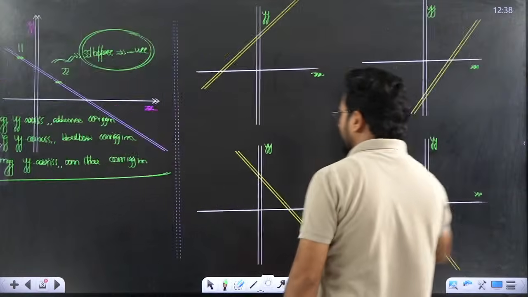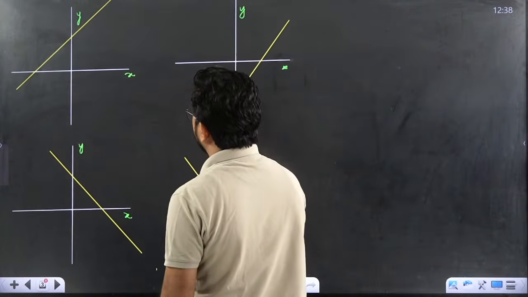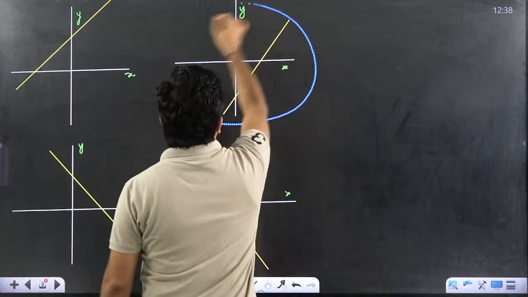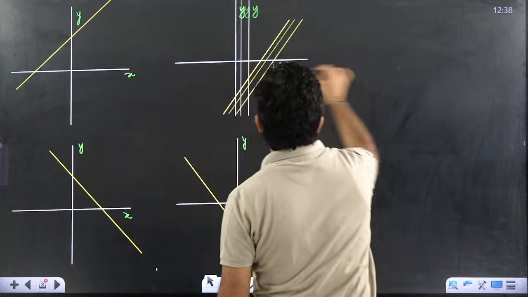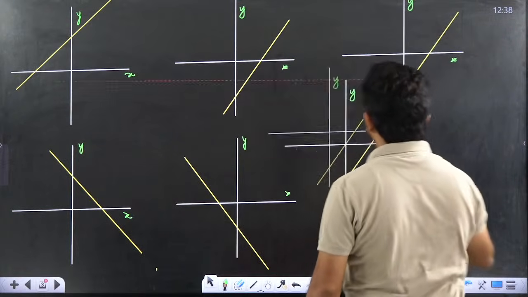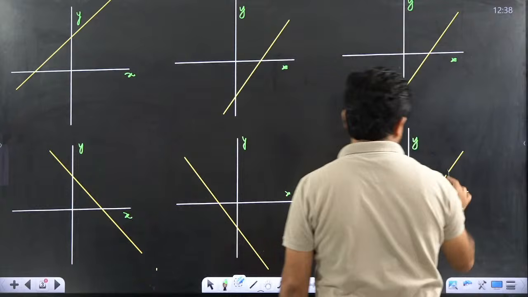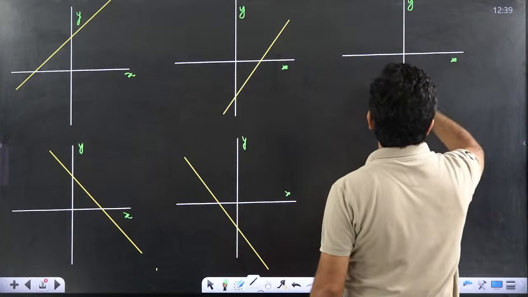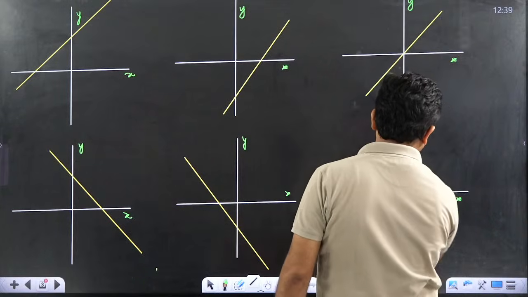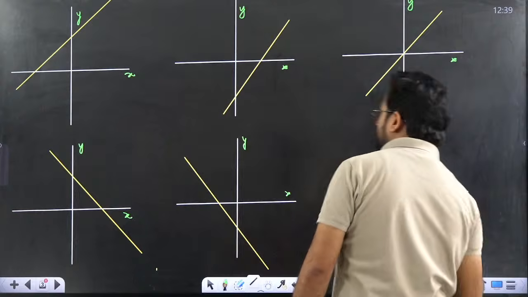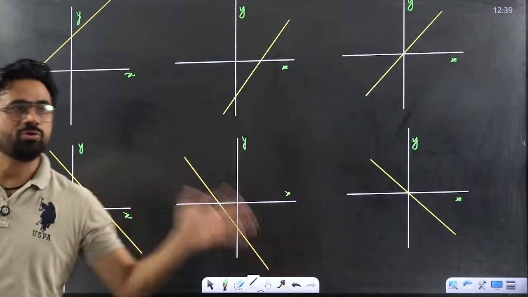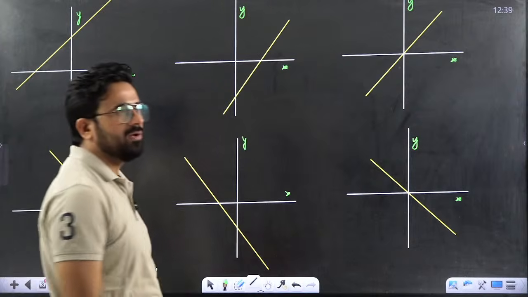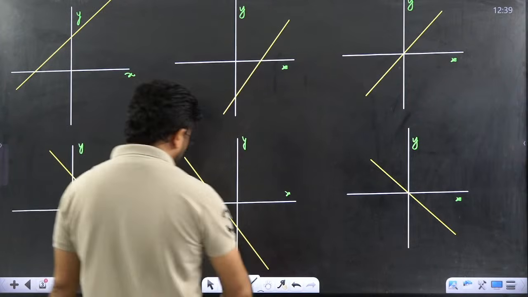And further, I'm drawing two more lines. These are 6 lines, used in our syllabus. If you understand these 6 lines, that means you can solve all the questions. Please try to understand it.